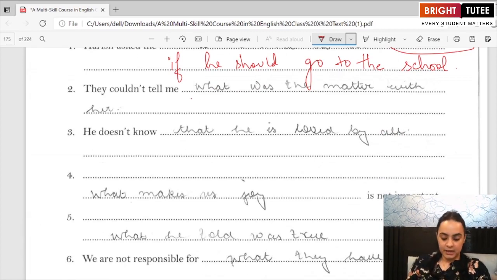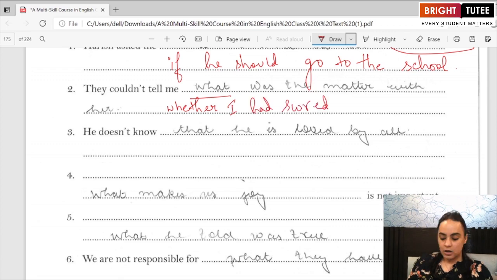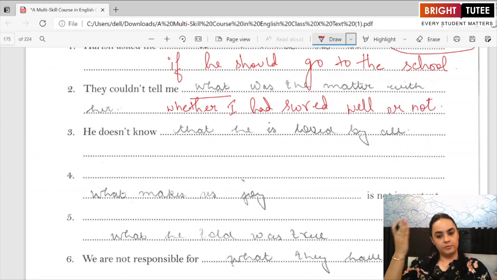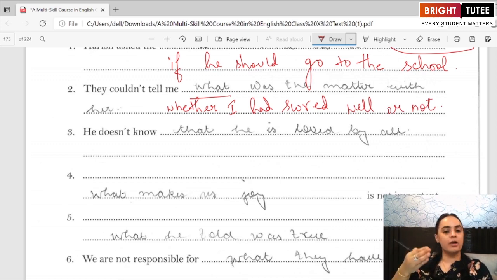This is again beginning with a relative pronoun. If I wish to begin it with a conjunction, then they could not tell me whether I had scored well or not. So the first one began with a relative pronoun and the second began with a conjunction.